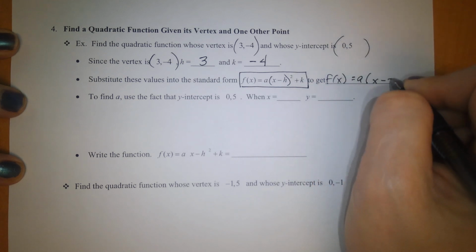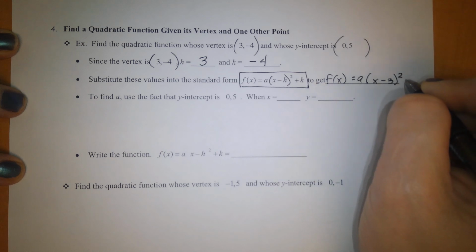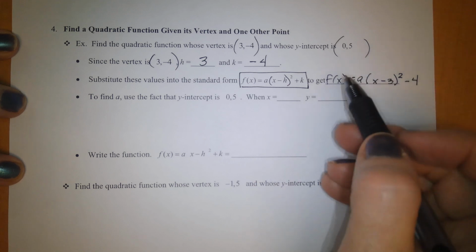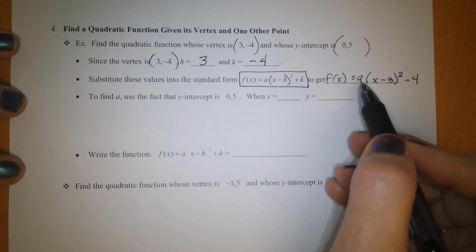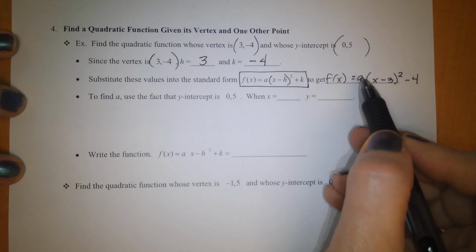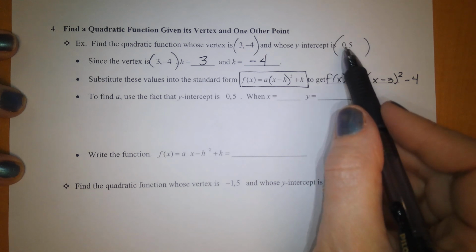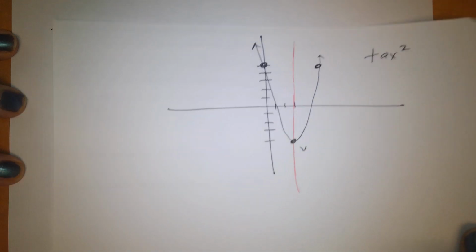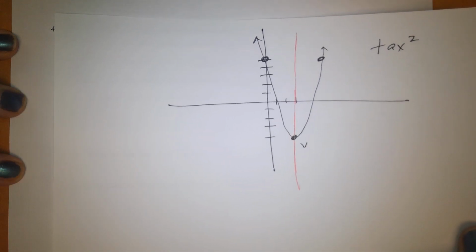So x minus h, plus k, but in this case it's negative because we're shifting it down. Now the only thing we have left to do is find a. That's where this point comes into play. This point tells us how far this has been stretched. Has this graph been stretched in any way?